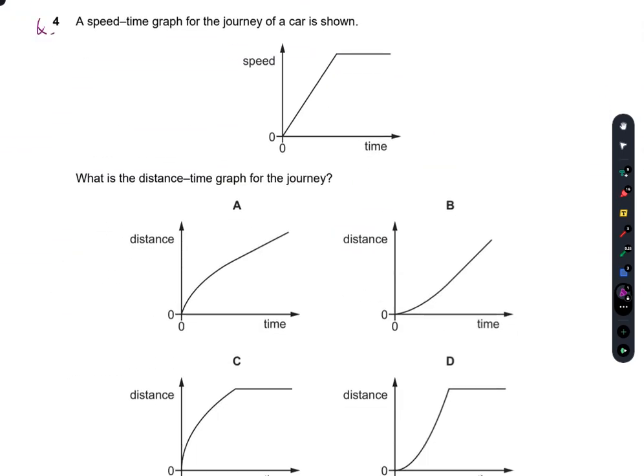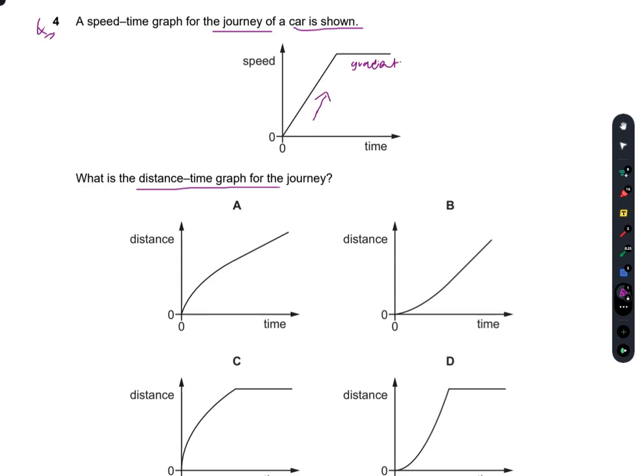Question number 4 is again very easy. A speed-time graph for the journey of a car is shown. What is the distance-time graph for the journey? Now for the distance-time graph, I can see here that the gradient of speed is constant here, and the gradient is increasing during this portion. What does this mean?